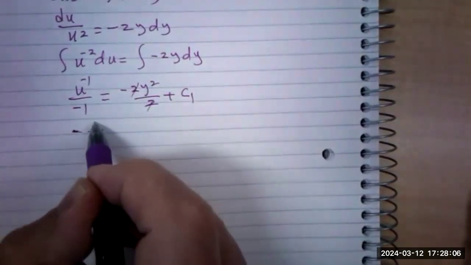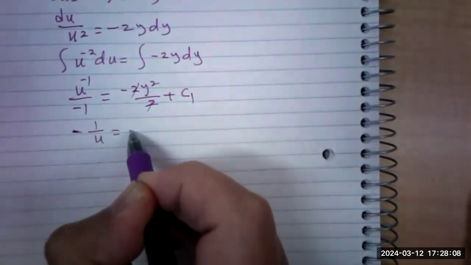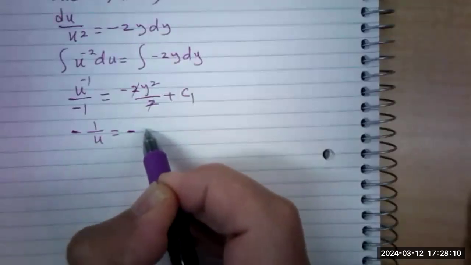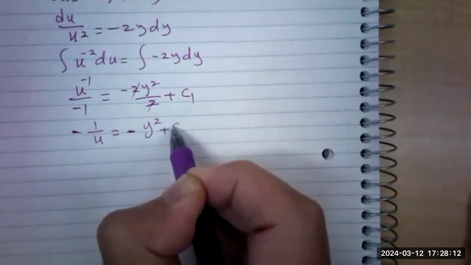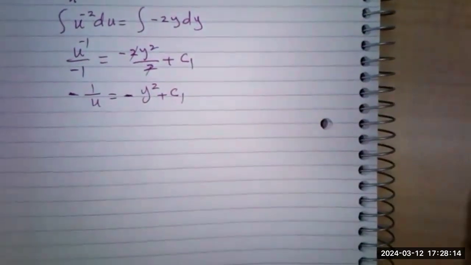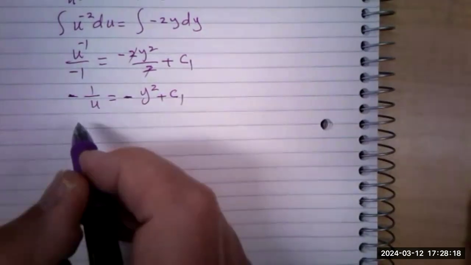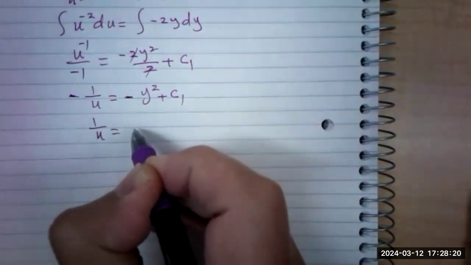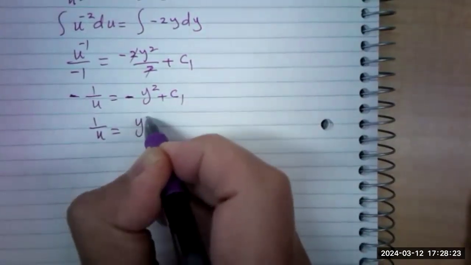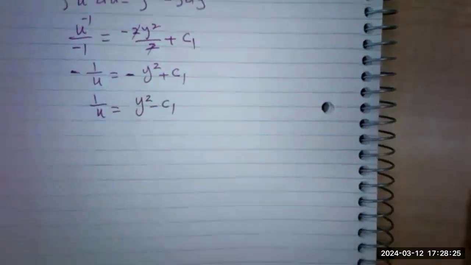Simplify it. Bring the u down. So that gives you negative 1 over u, and this is going to be negative y squared plus c1. Then multiply by a negative sign and switch it. It's going to be 1 over u equal to y squared minus c1.